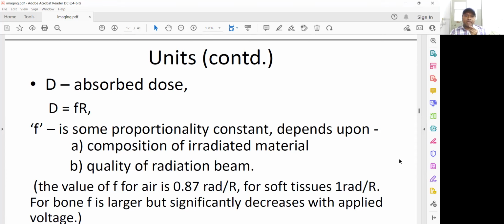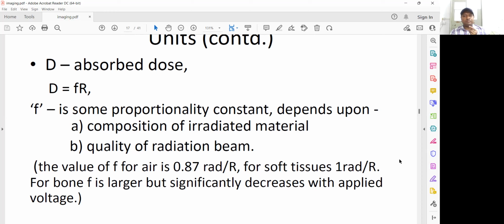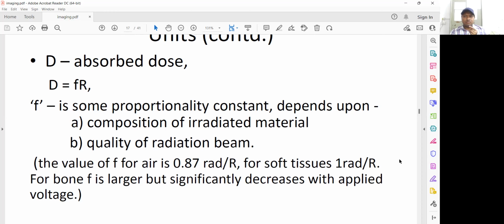The value of F for air is 0.87 rad per Roentgen, and for soft tissue it is 1 rad per Roentgen. For bone, F is larger but decreases significantly with the applied voltage of the X-ray.